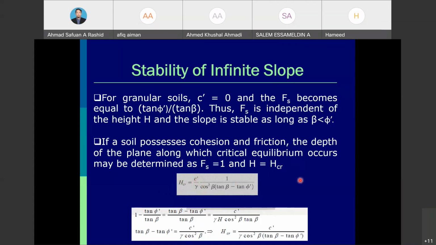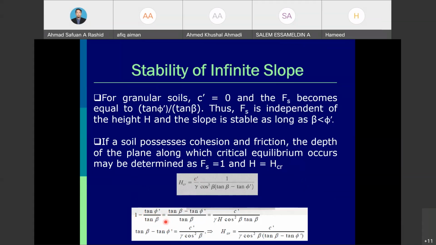Okay, so this is an example on how to derive the equations when the factor of safety is equal to 1. So 1 minus tangent phi over tangent beta, where actually tangent phi over tangent beta is equal to 1.